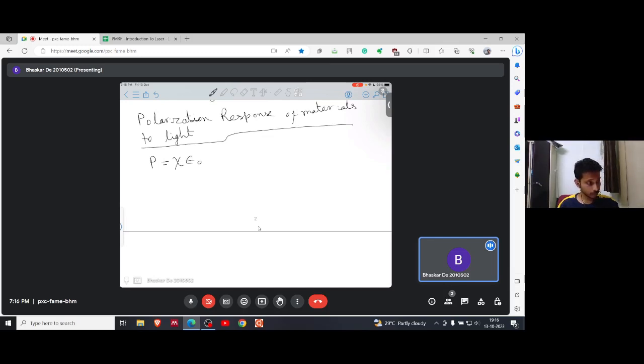So now the relationship between the polarization and the electric field is P equals chi epsilon naught E. So here P is the polarization, E is the electric field.